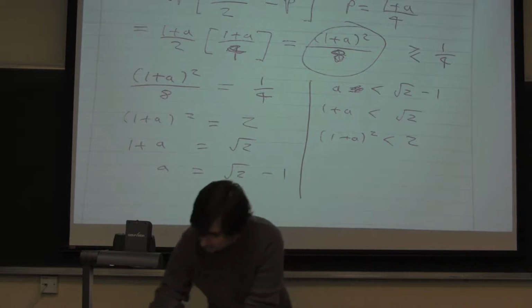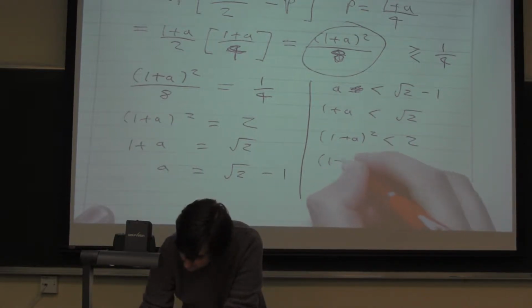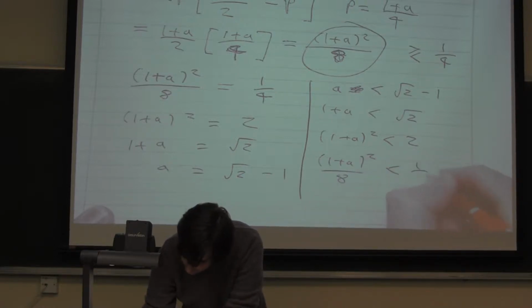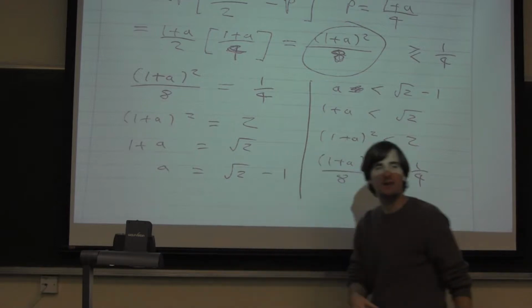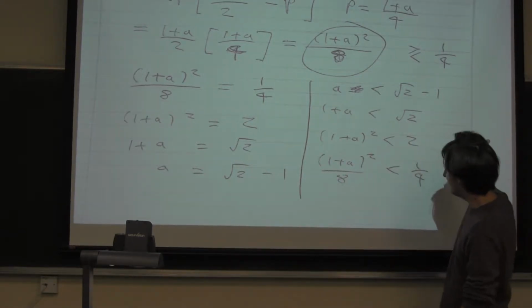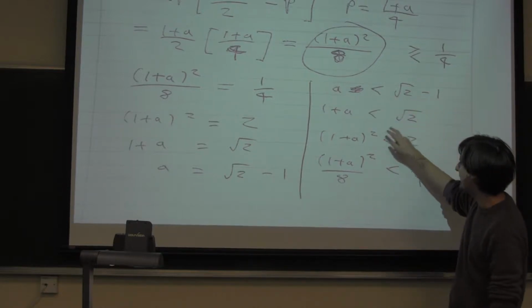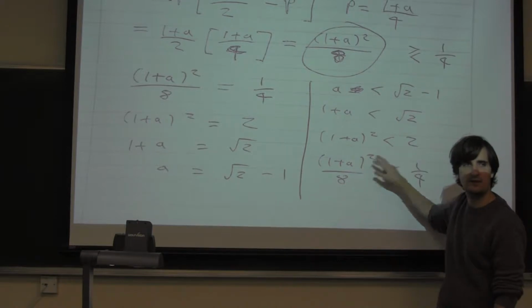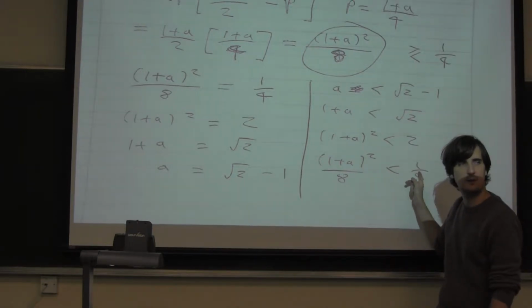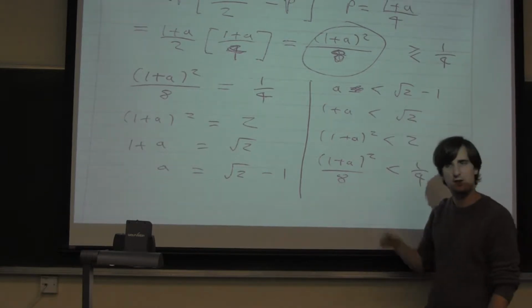So 1 plus A squared over 8 is less than a quarter. Okay, it's just running the argument in reverse, basically, with an inequality stuck in there now. So if A is less than square root 2 minus 1, then profits from selling to both markets are less than profits from selling to only one market. Okay, so if that's true, then the firm only wants to sell to the high type.